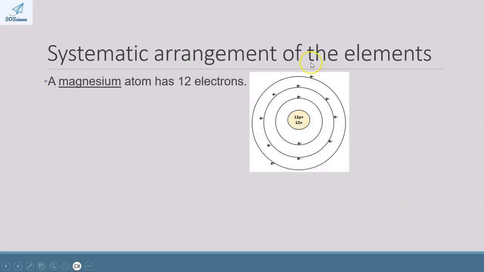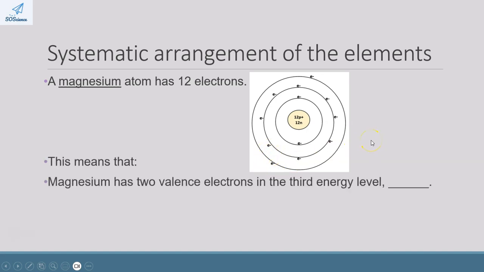Magnesium has 12 electrons, so its first energy level is full, its second energy level is also full, and then it's got 2 electrons in its outermost, in its third energy level. So magnesium has 2 valence electrons in n equals 3.